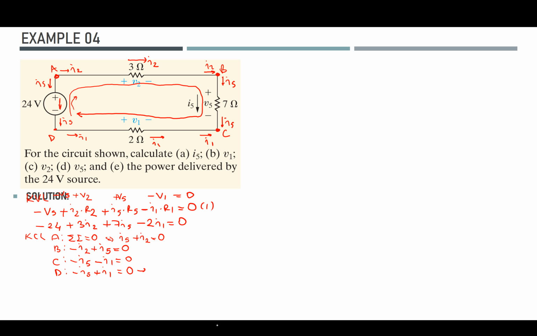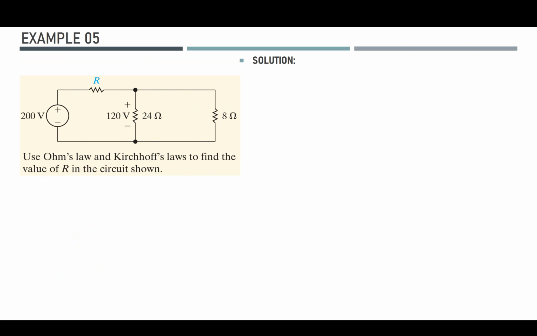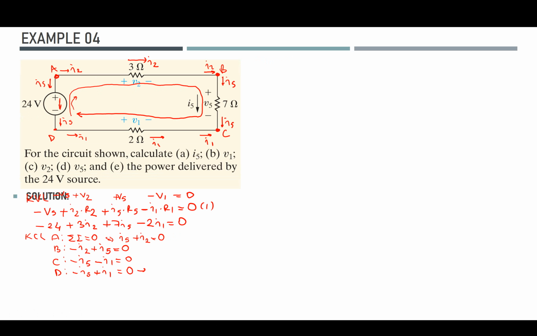So from node A, I will get I2 equals to minus IS. Sorry about this, the first equation is IS, not I5. I made a mistake. This is the S, not the 5.